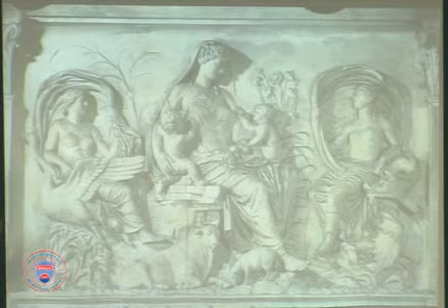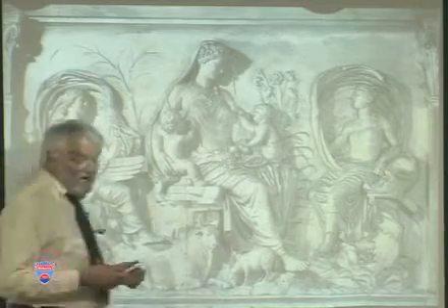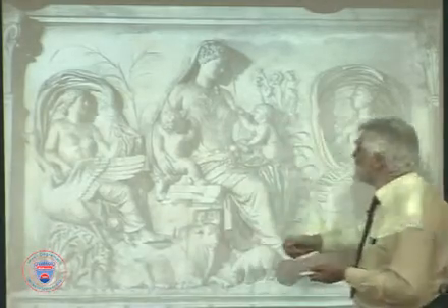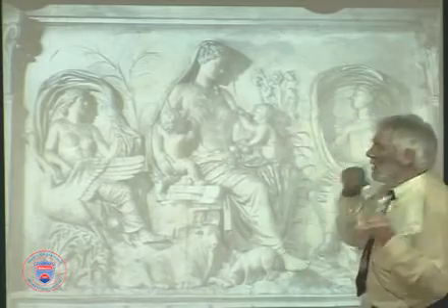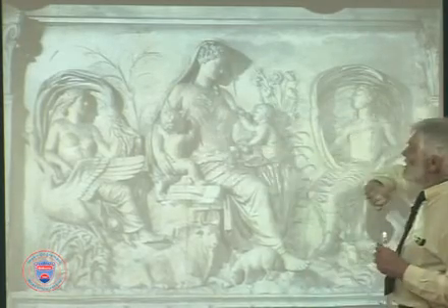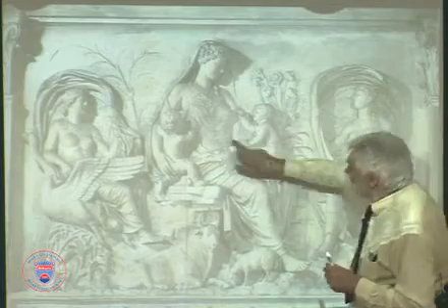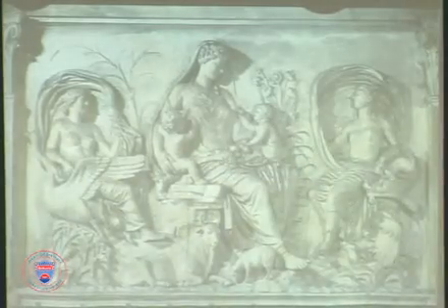But the figured panel on the other side quite clearly represents this lady sitting here quite contentedly. She's got her cloak partly over her head. She's got two little boys sitting on her lap. There's a cornucopia here.